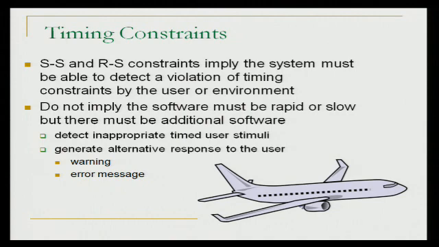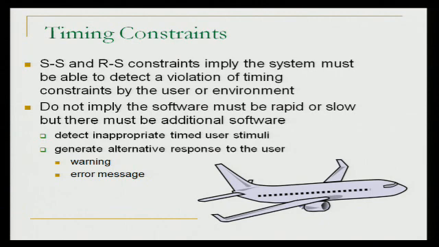Remember the example there was type in your username and then password, and you had to do that within 15 seconds or you have to start over again, right? So what does the system have to do differently? The system now has to monitor the environment and probably start a timer, count down 15 seconds, and make sure that the password is in. If it isn't, it's got to go back and take some action, start all over again, output an error message, whatever you want it to do.